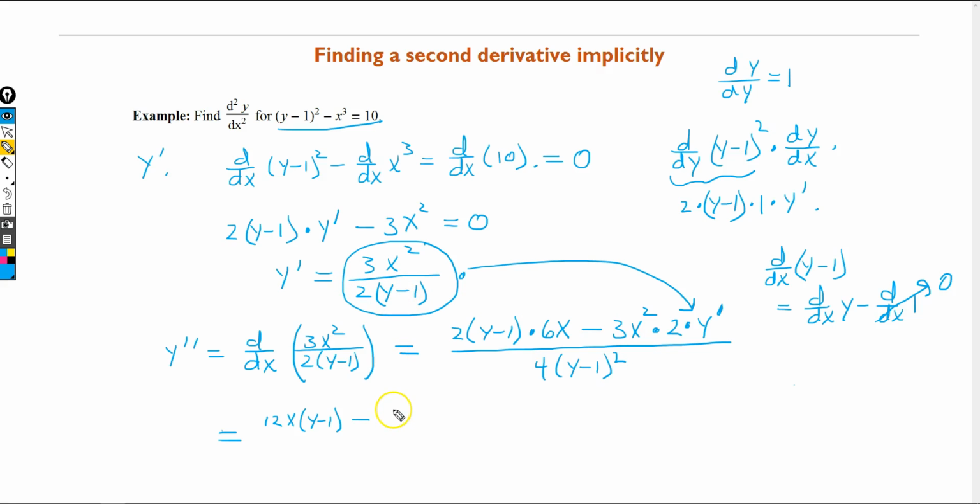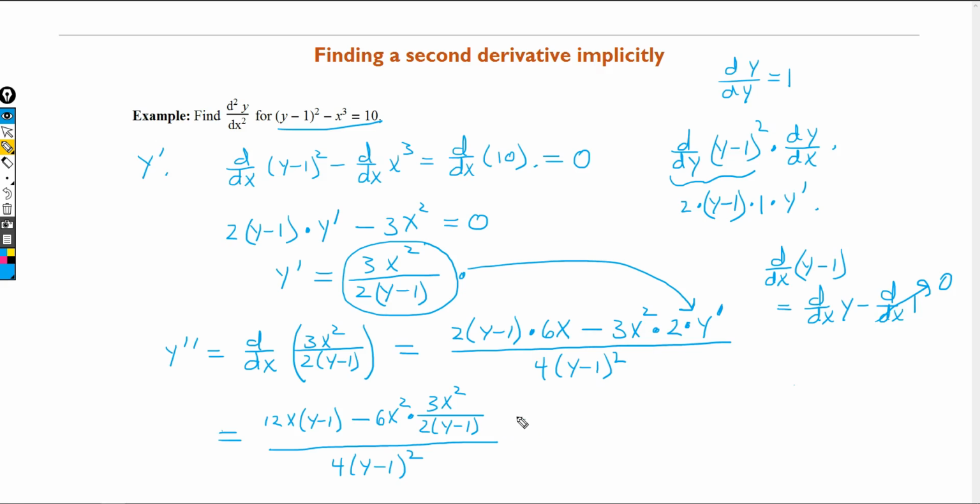So we are going to get like that. So right there is the y prime. And then all of this is divided by 4 times y minus 1 squared. And that's our answer. Now we can clean this up a little bit.